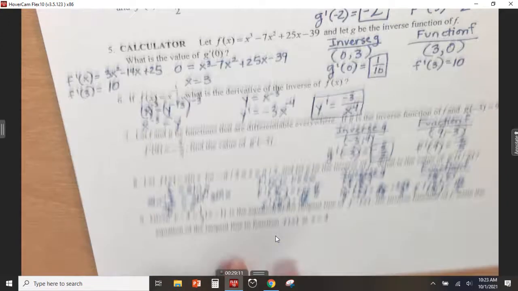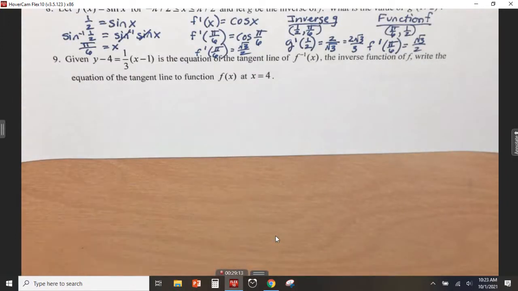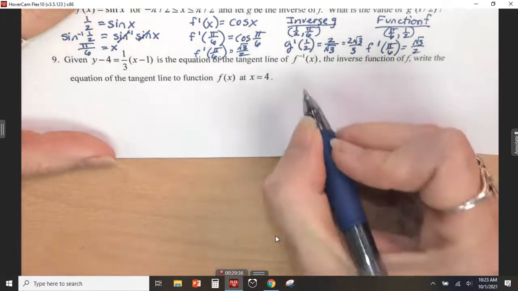All right. Number 9. Given y minus 4 is equal to 1/3 times the quantity x minus 1 is the equation of the tangent line of f inverse of x, the inverse function, write the equation of the tangent line to the function f of x at x equals 4. That's a bit of a blah, blah kind of reading, isn't it? Let's see what we know.